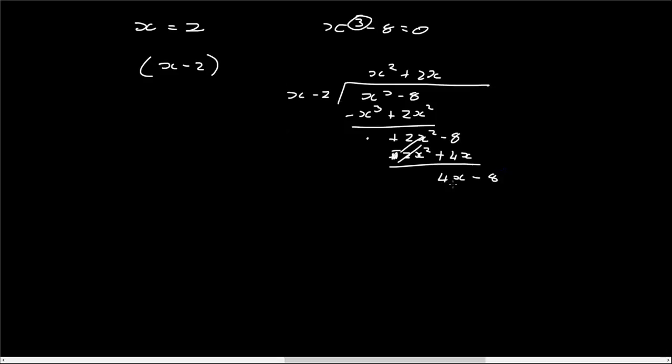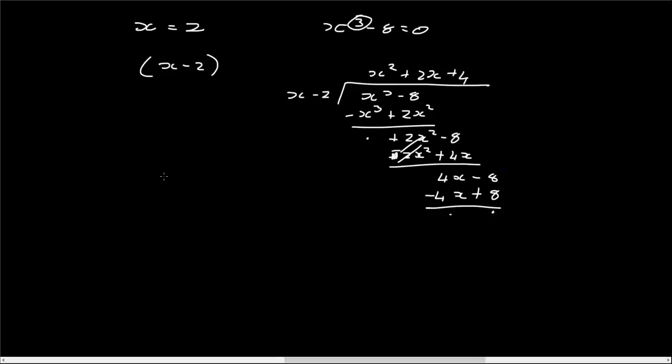Now x goes into 4x 4 times, so 4 times x gives 4x, 4 times minus 2 gives minus 8. Change the signs, and everything cancels.